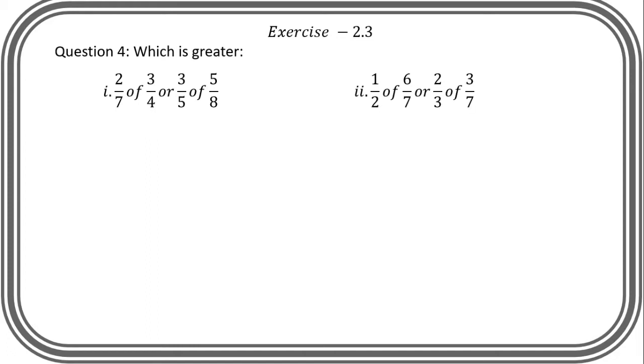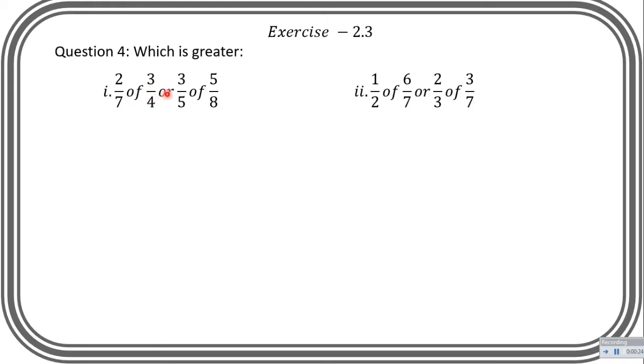So basically what we have to do in this question, we need to compare these two quantities and tell which one is greater. In this question we have the number 2 upon 7 which we should multiply with 3 upon 4. Why? Because we have been given "of".